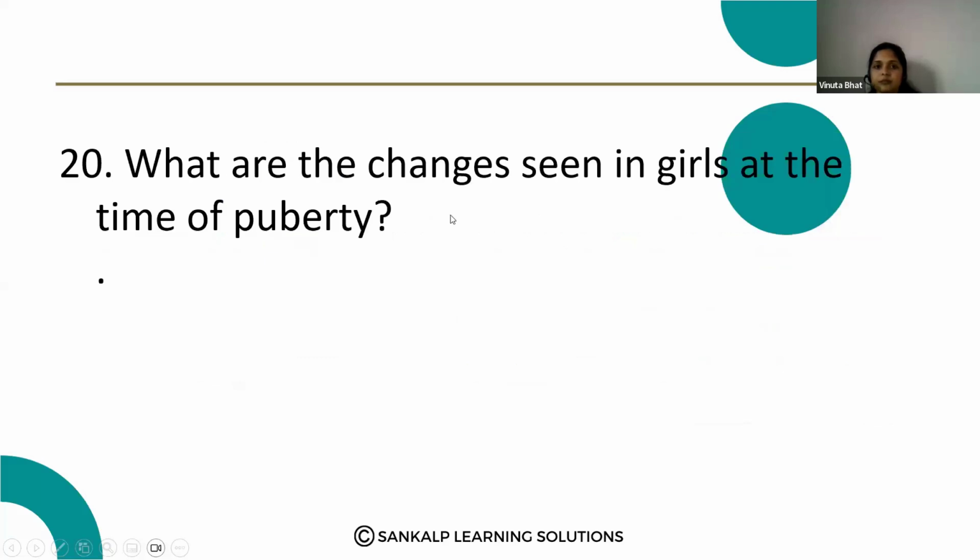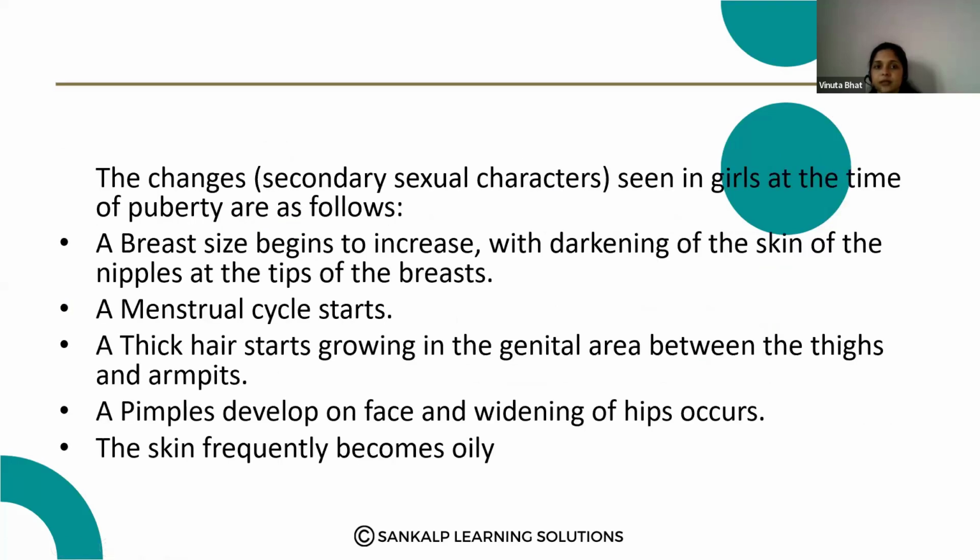Next question. What are the changes seen in girls at the time of puberty? The secondary sexual characters seen in girls at the time of puberty are as follows.